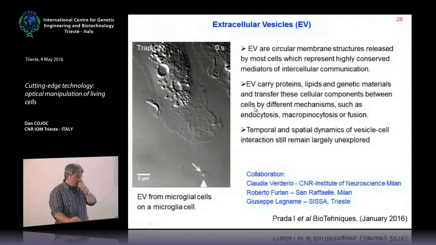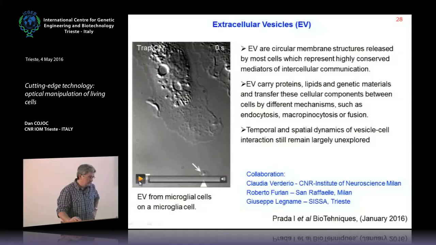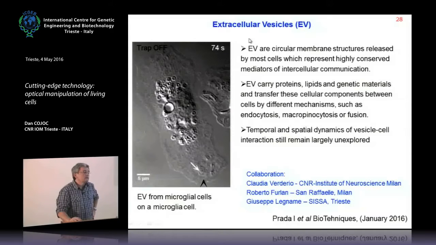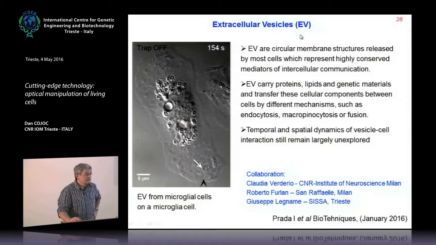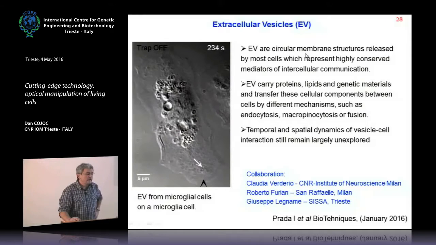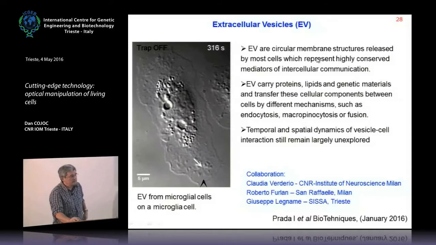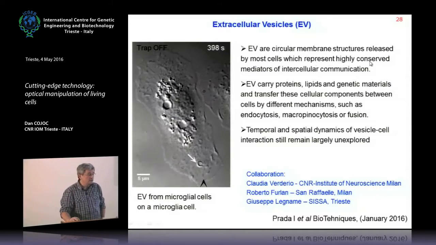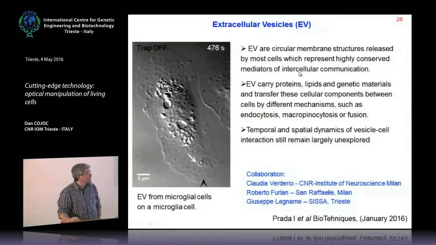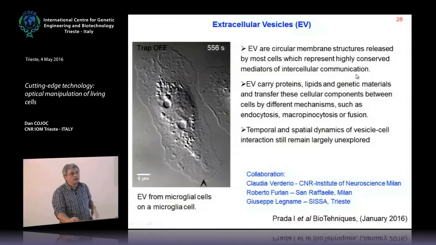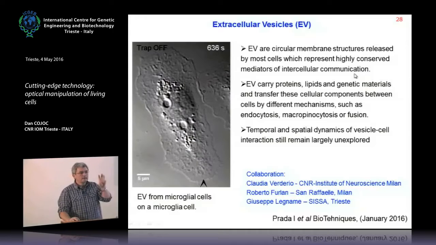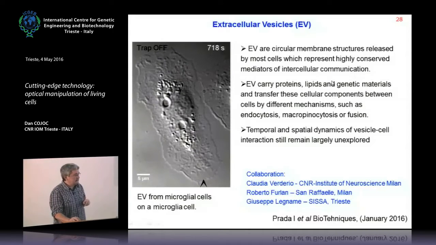Another application, a recent one from our group, is on extracellular vesicles, which are circular membrane structures released by most cells, which represent highly conserved mediators of intercellular communication. So it's an object of very high interest.